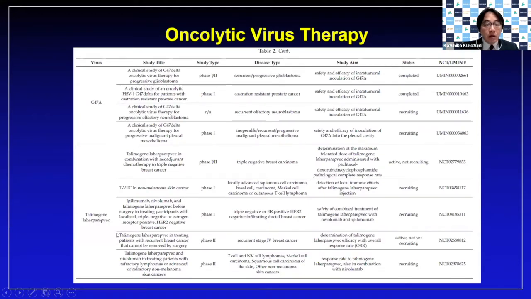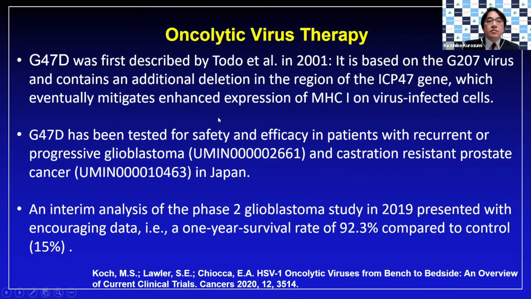And there is G47 delta. G47 delta is also famous now in Japan. It was first described by Todo from Tokyo University in 2001. It is based on the G207 virus and contains an additional deletion in the region of the ICP47 gene, which eventually enhances expression of MHC1 on virus-infected cells.